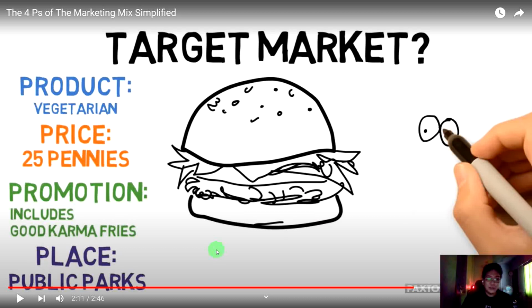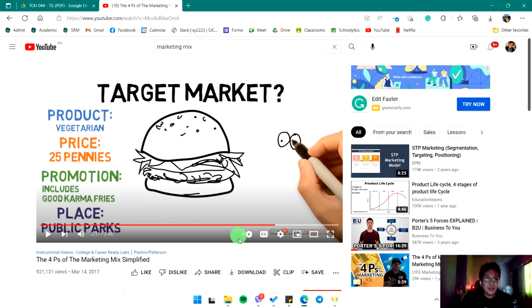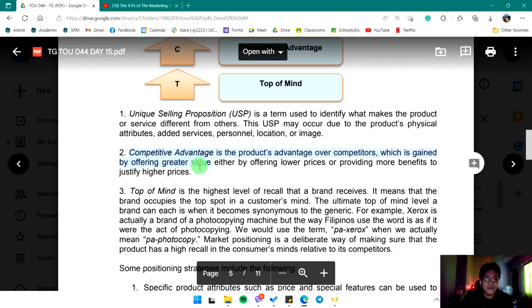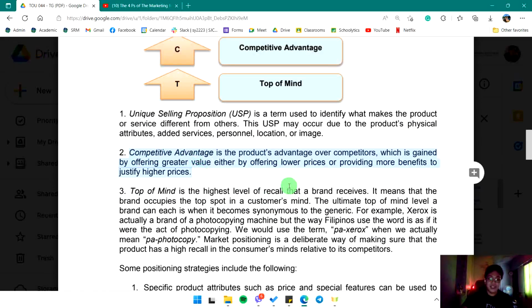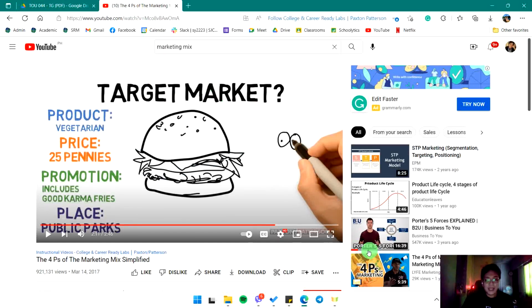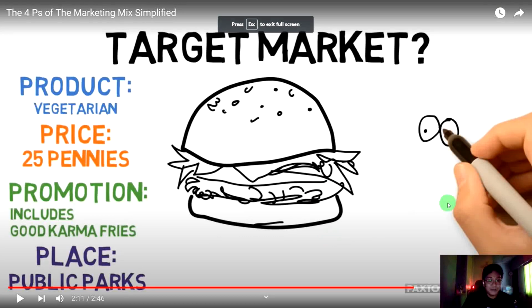So if you include good karma fries, you are doing this kind of strategy for your market positioning by offering more benefits to justify higher prices, or simply by offering more benefits, you are making your product competitive, no?